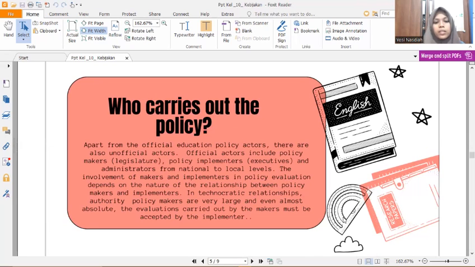Involvement of makers and implementers in policy evaluation depends on the nature of the relationship between policymakers and implementers. In a technocratic relationship, the authority of policymakers is very large and even almost absolute. The evaluation carried out by the makers must be accepted by the implementer.